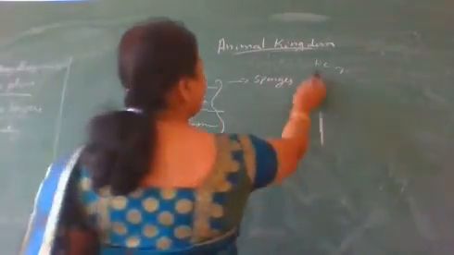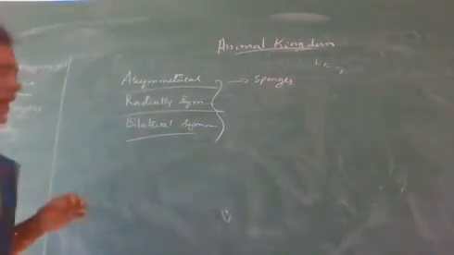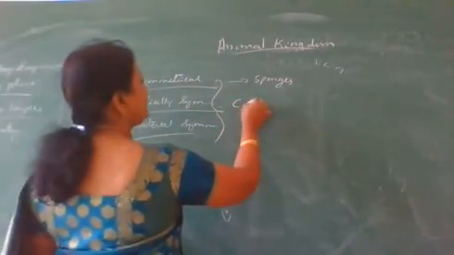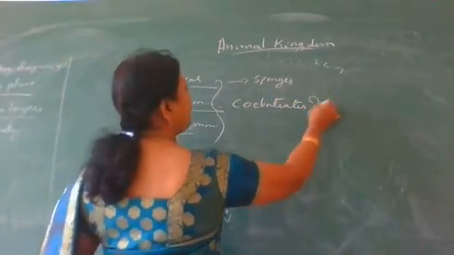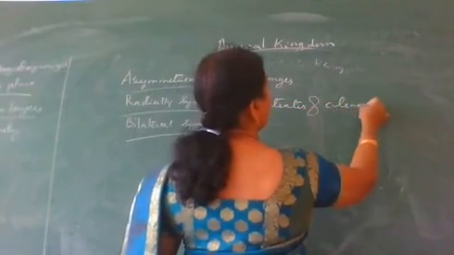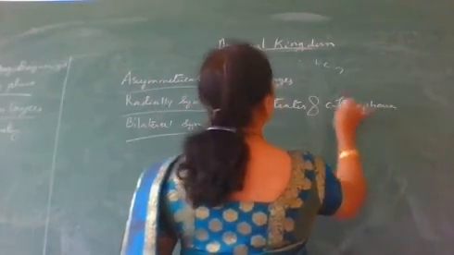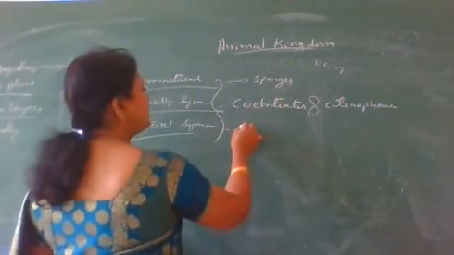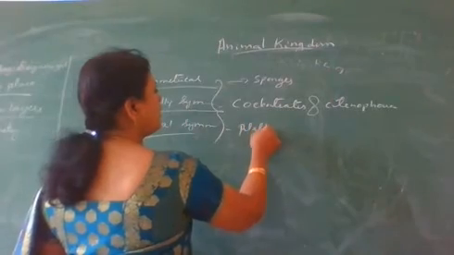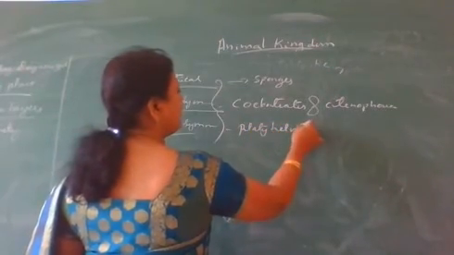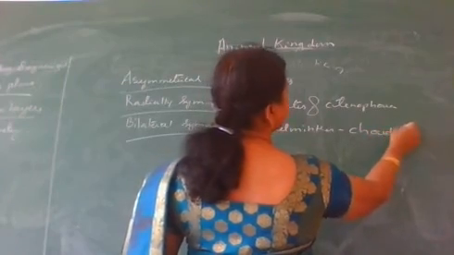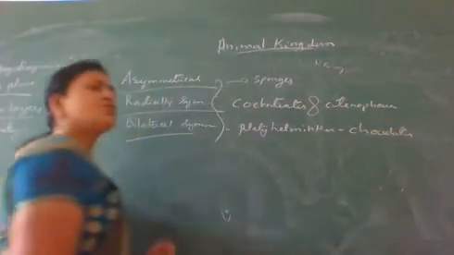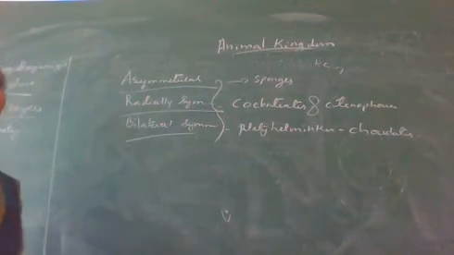Now, radially symmetrical animals are coelenterates and ctenophora. Bilateral symmetrical animals, starting from Platyhelminthes up to the chordates, all show bilateral symmetry.